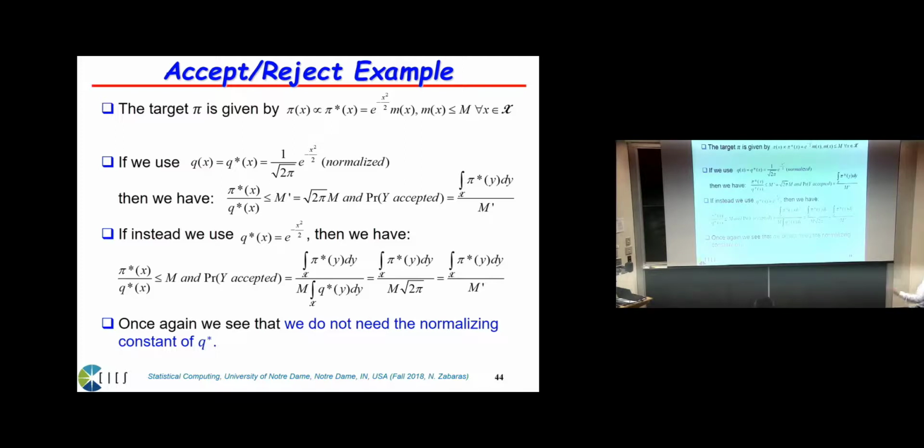So if the proposal distribution is only known up to a normalization constant, this is good enough. In this case, I wanted to sample from a distribution pi that looks like that, and the proposal distribution is either a normalized Gaussian or an unnormalized Gaussian, and basically what you get is that the acceptance ratio and everything else is the same. So you don't really need to know the normalization constant in Q. That's the message here.